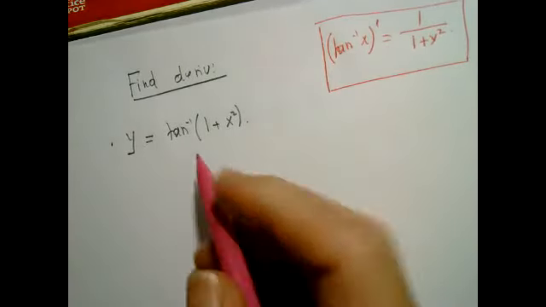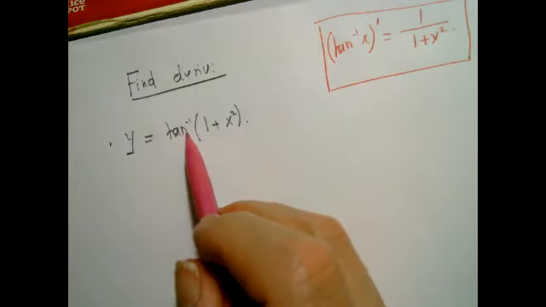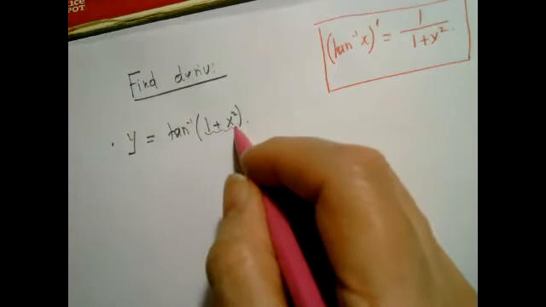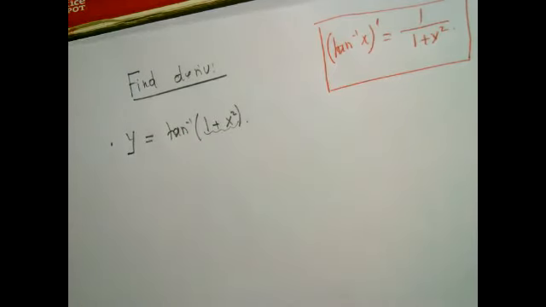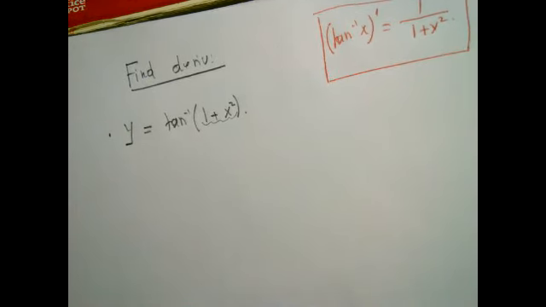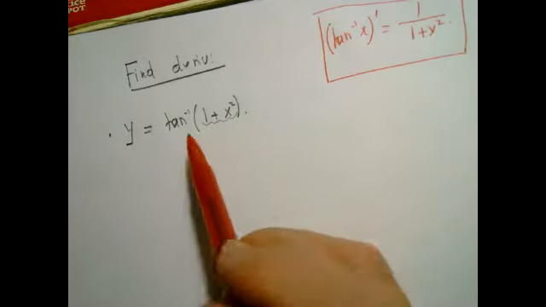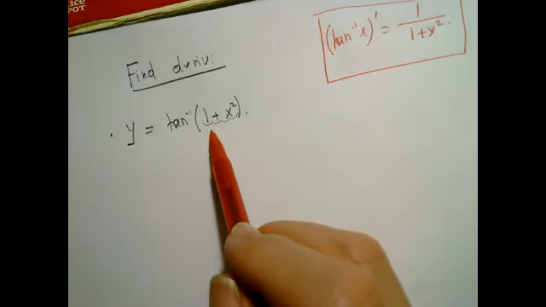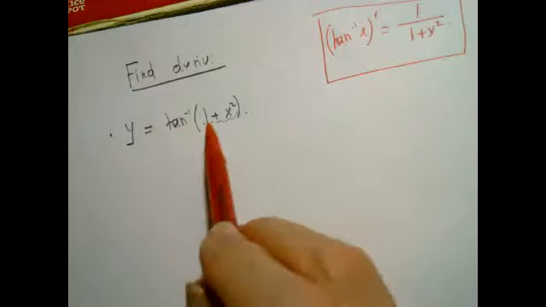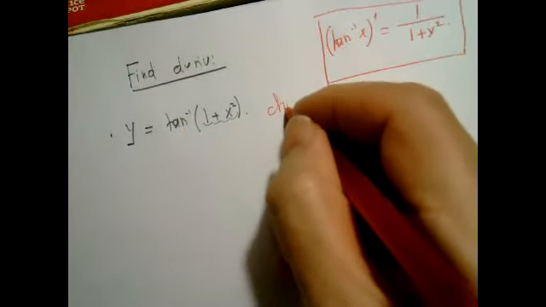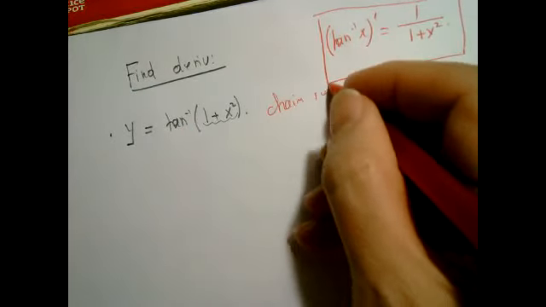Now I want the derivative of the inverse tangent of that. What is this problem? A chain rule, a product rule, a quotient rule? It's tangent inverse of something. So that's immediately the chain rule.